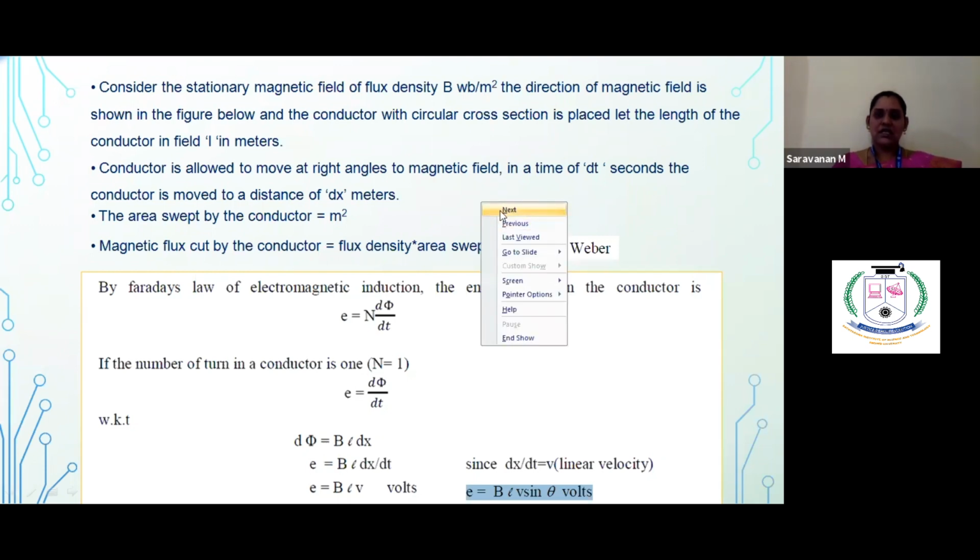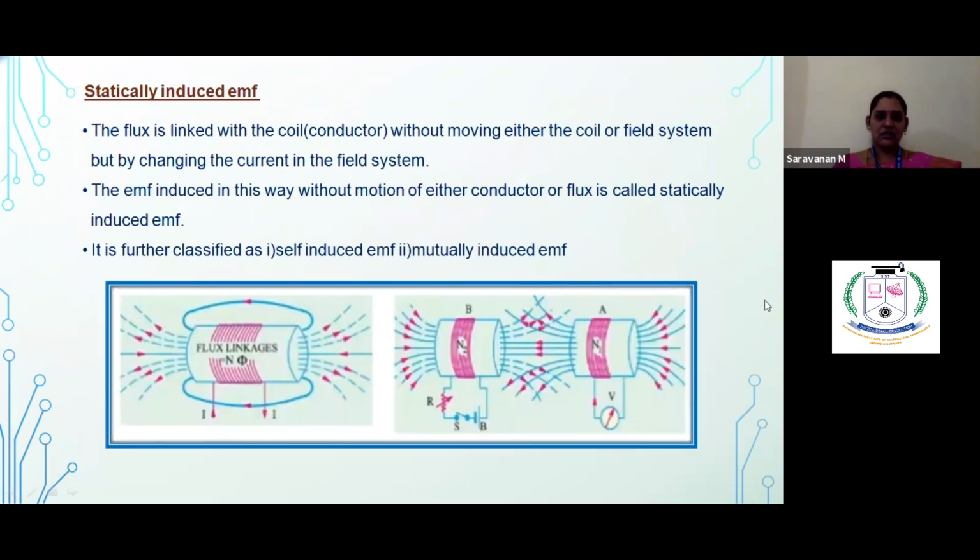Next we are going to see your next type, which is nothing but your statically induced EMF. Statically induced EMF is nothing but both your conductor as well as your magnet are kept stationary. So here you can see I have taken a uniform iron rod, and on it I have kept a coil of N number of turns connected to it.